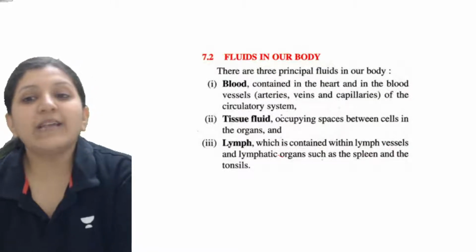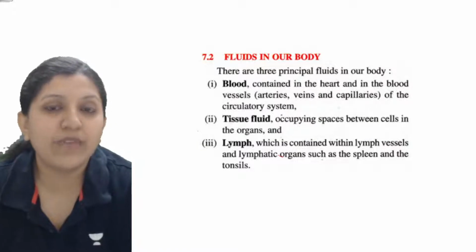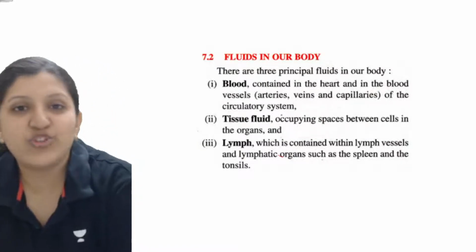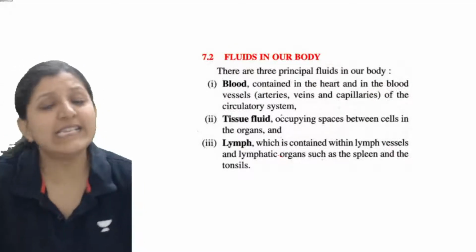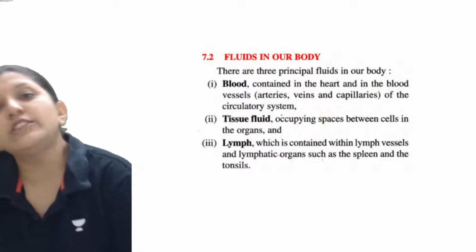Tissue fluid is present in the tiny spaces between the cells, and that's the reason the name is given as such. But composition wise, tissue fluid and lymph are mainly the same thing.